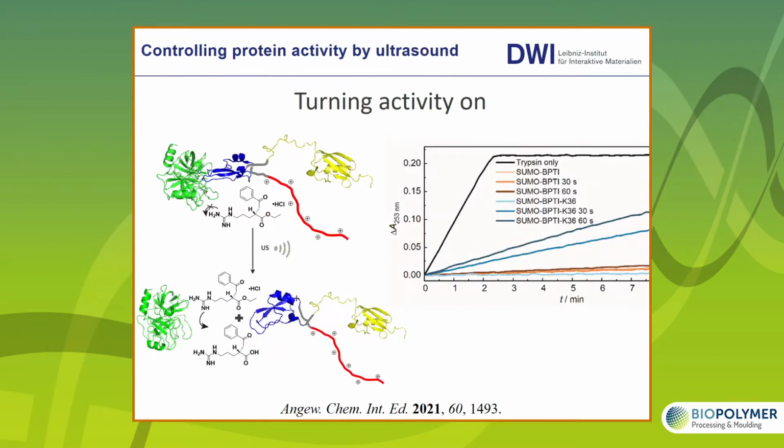It's also nice to turn on the activity of a protein. Therefore, we have chosen a different design. We start with a protease. In this case, it's trypsin. That's the green structure. And into the active site of this green structure, we put the trypsin inhibitor that's shown here in blue.